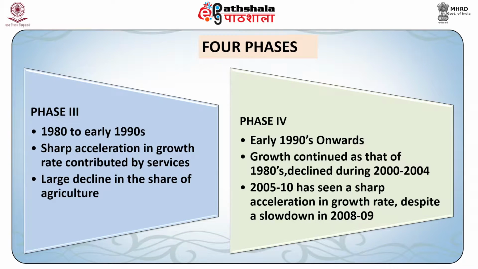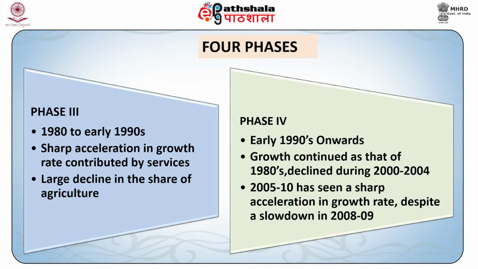Structural changes continued at an accelerated pace, with share of agriculture sharply declining and services emerging as the major sector, and with a very small increase in the share of industry. Within this phase, the period 2005 to 2010 saw a sharp acceleration in the growth rate despite a slowdown in 2008-9.